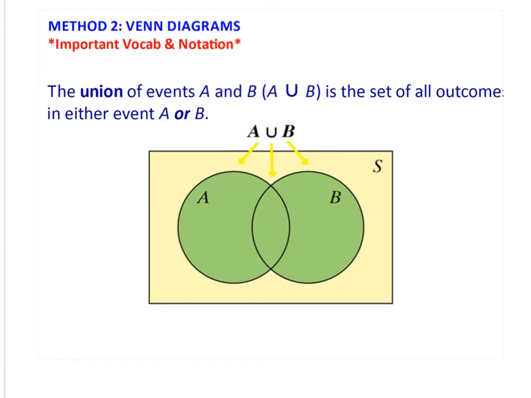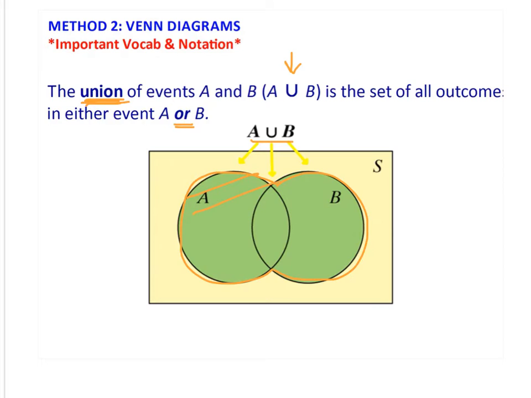I also have a union vocab. The union refers to the or. So events A or B happen is called the union, and I notate union with a U. So the union is the event that A or B happens, so we can see A or B would be anything inside of my A or B circles.